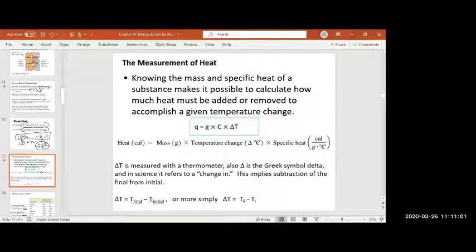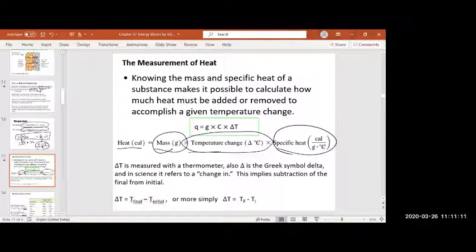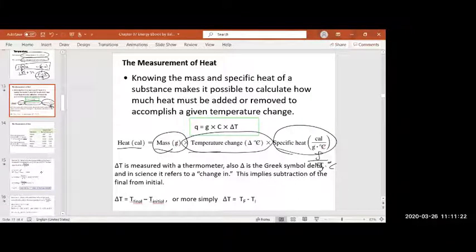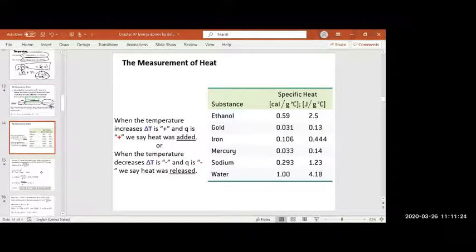practiced with it. So heat will equal the mass in grams, temperature change, delta T in Celsius degree, and the specific heat. Specific heat could be in calorie divided by gram times Celsius degree or joule divided by gram times Celsius degree. We already also did an experiment about that, so I think you are familiar with that.